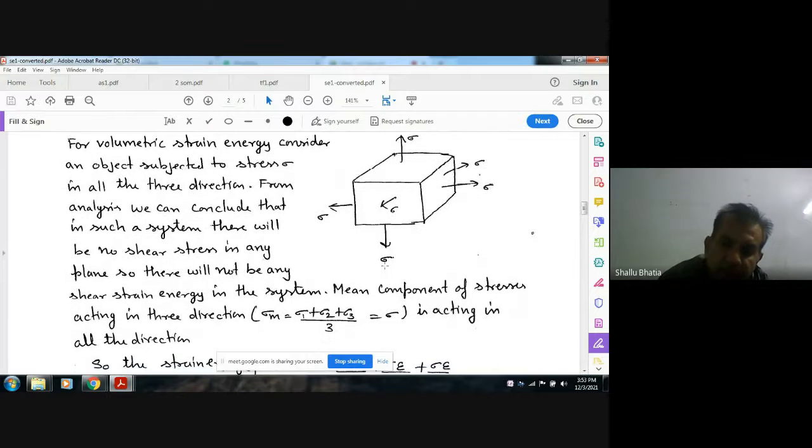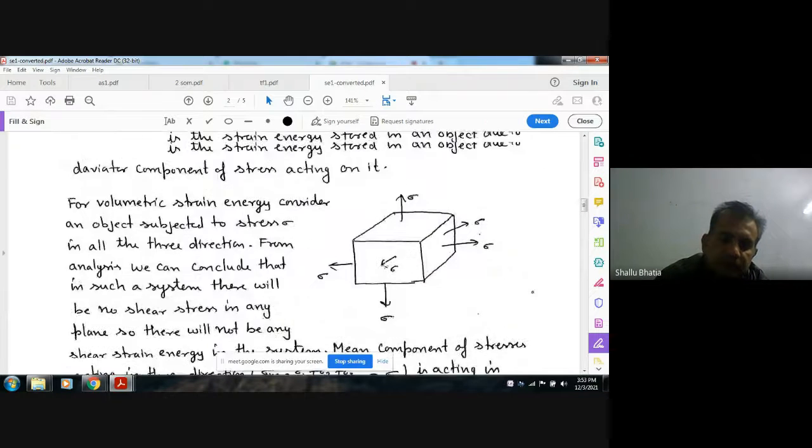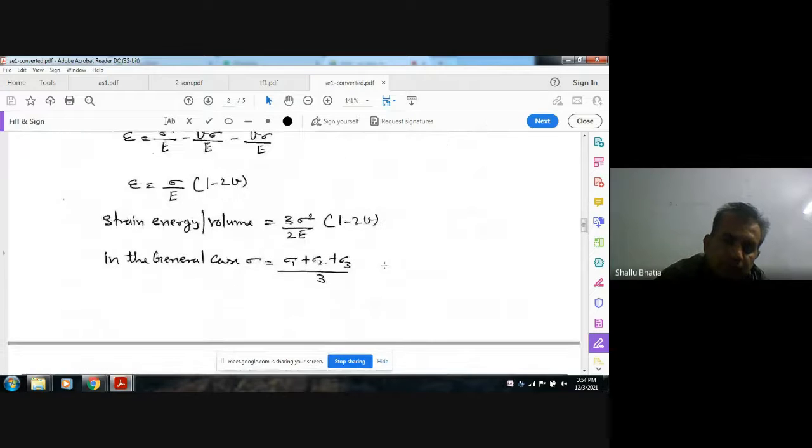But in a real problem where sigma 1, sigma 2 and sigma 3 are different, we have to calculate the mean component, and this mean component is equal to sigma. If we put sigma equal to this value, then the strain energy given by this sigma is the volumetric strain energy of that case.